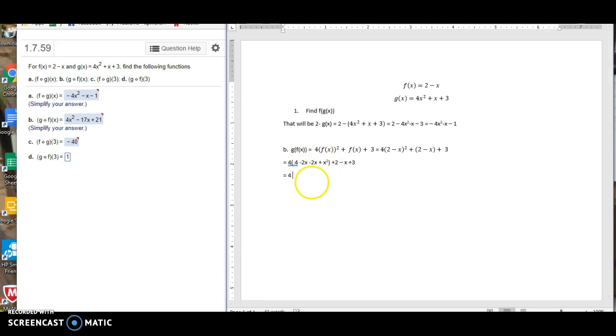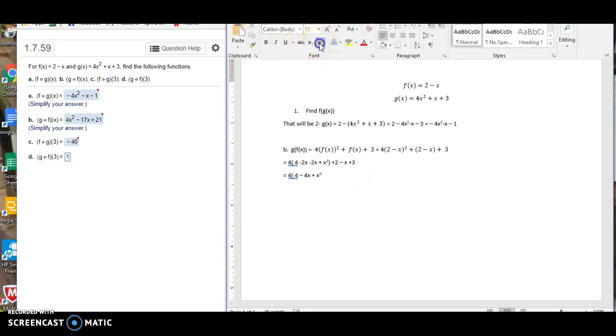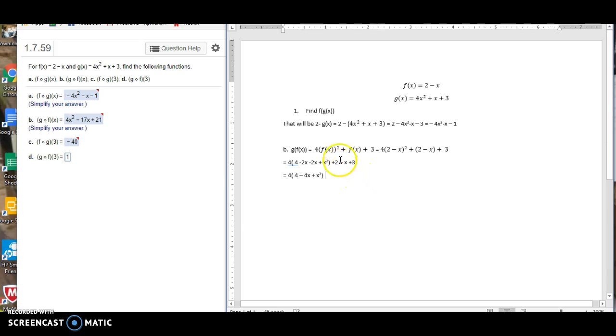I'm going to have 4 times, but instead of minus 2x minus 2x, I'm going to have a minus 4x because I'm combining those two terms together. And then it looks like I can actually combine this 2 with this plus 3. So I'm going to get a plus 5 and a minus x.